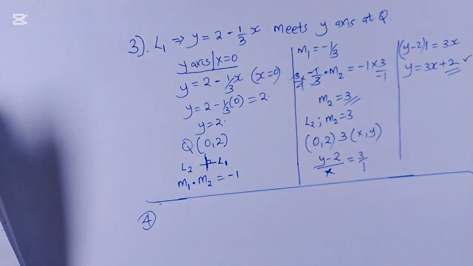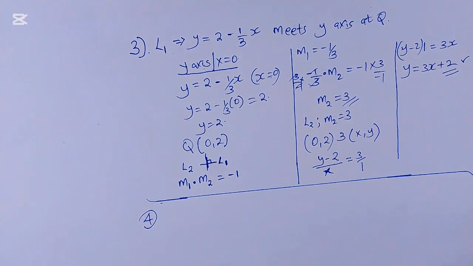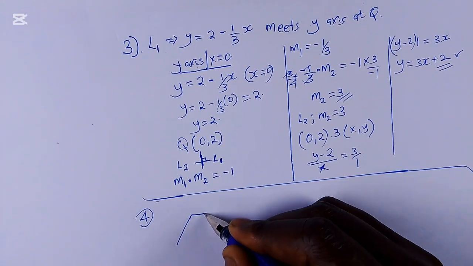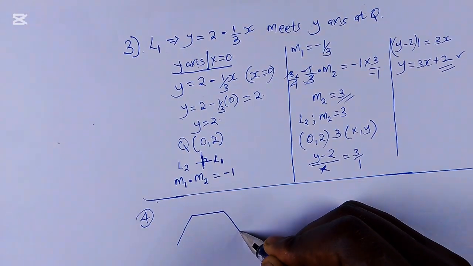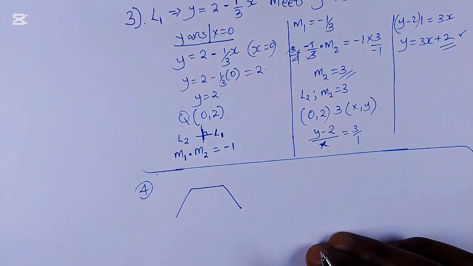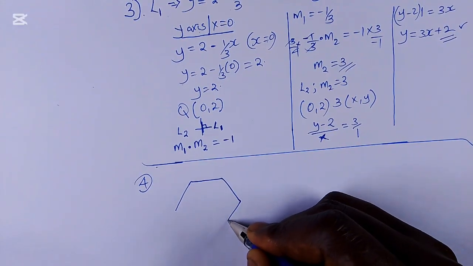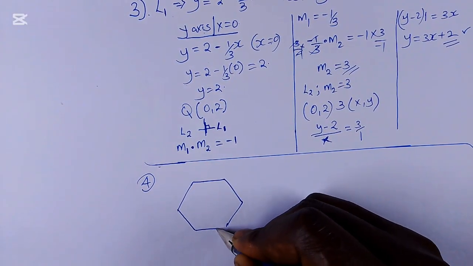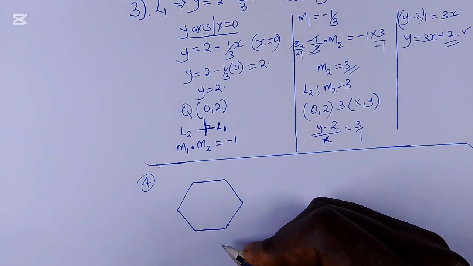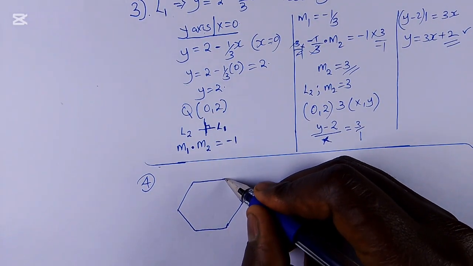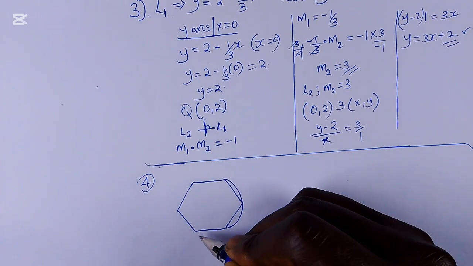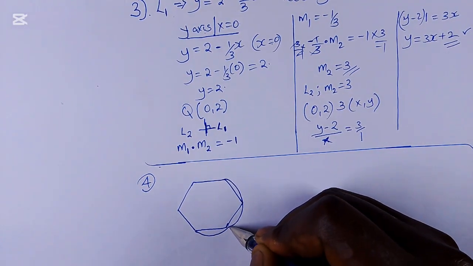So we can make a small diagram of a hexagon here, and we can have this as our hexagon. A hexagon is a 6-sided polygon, and this being a regular hexagon, there is a circle that touches all its vertices.